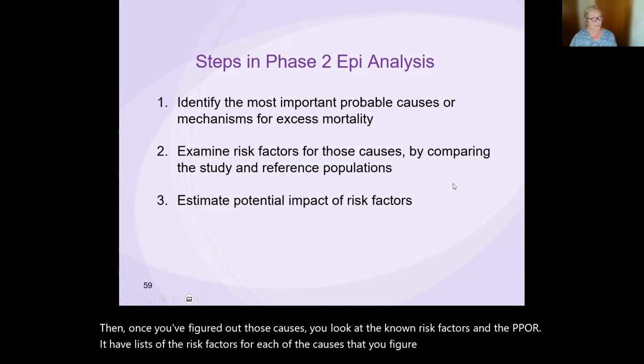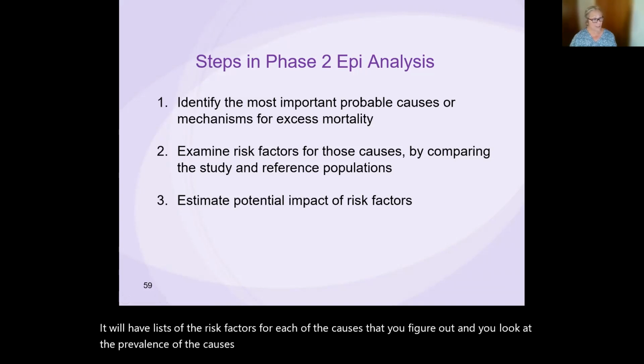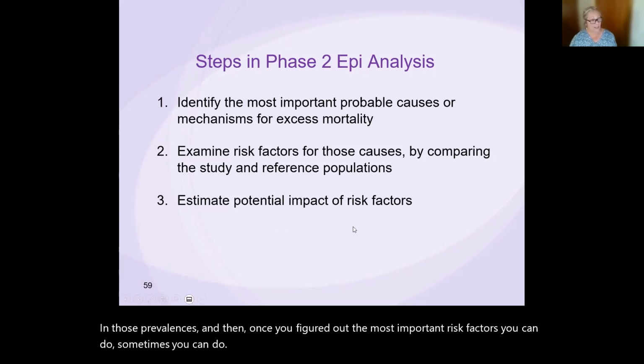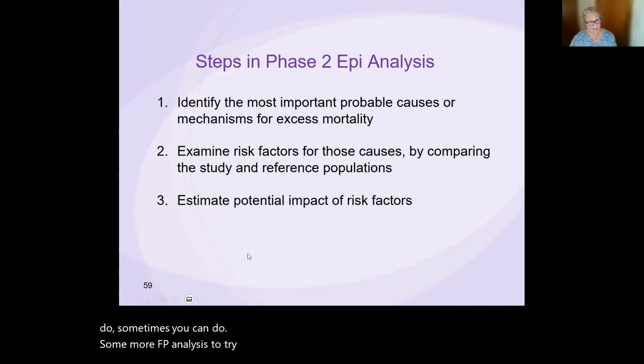And you look at the prevalence of the causes, the difference between the study and the reference populations in those prevalences. And then once you've figured out the most important risk factors, sometimes you can do some more epi analysis to try to figure out the potential impact of changing the risk factors.